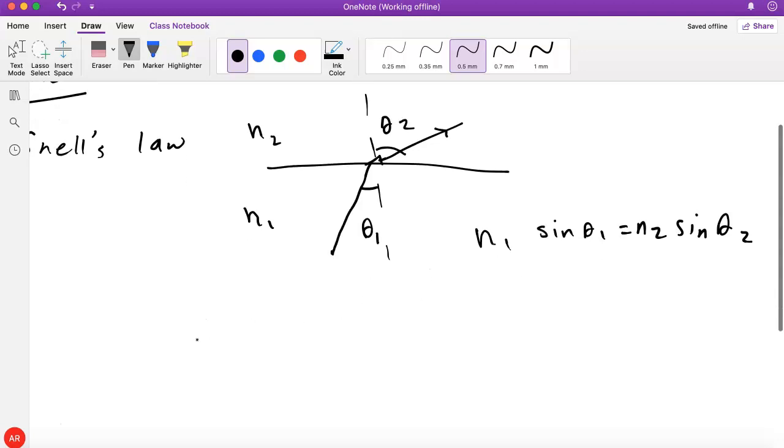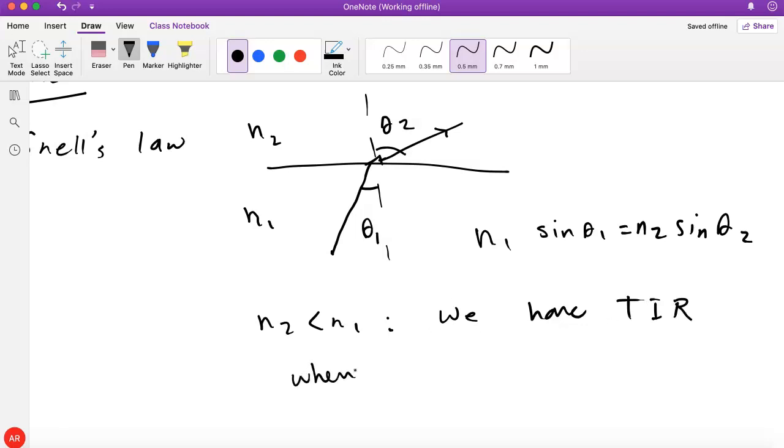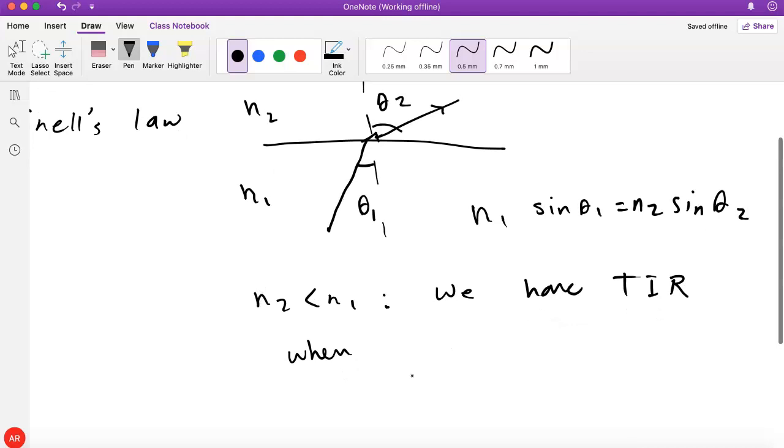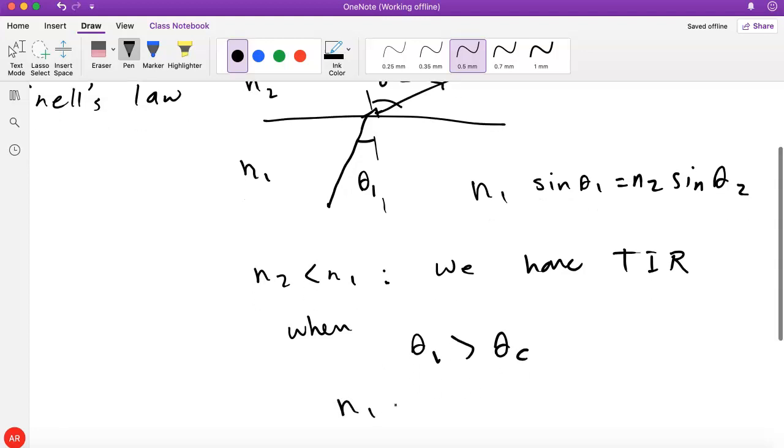So we have, for n2 smaller than n1, total internal reflection when theta 1 is larger than theta critical, such that n1 sine theta critical is n2.